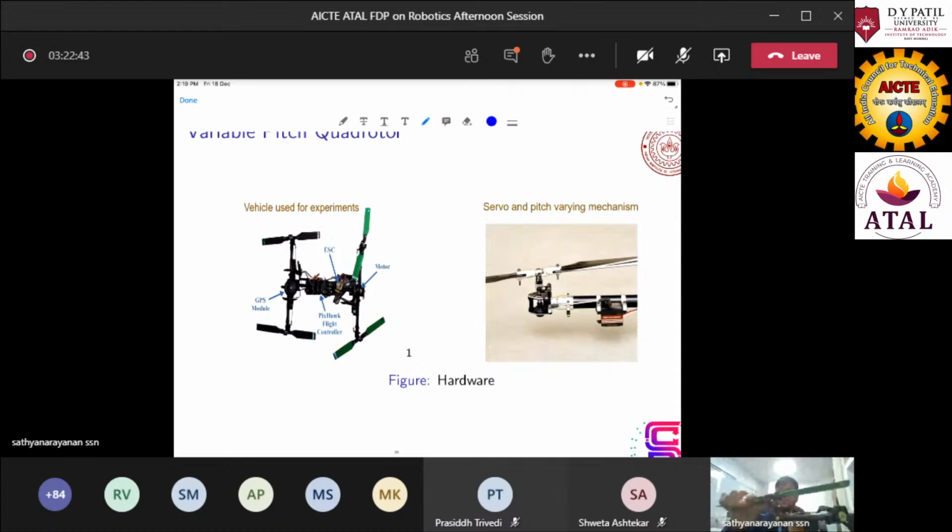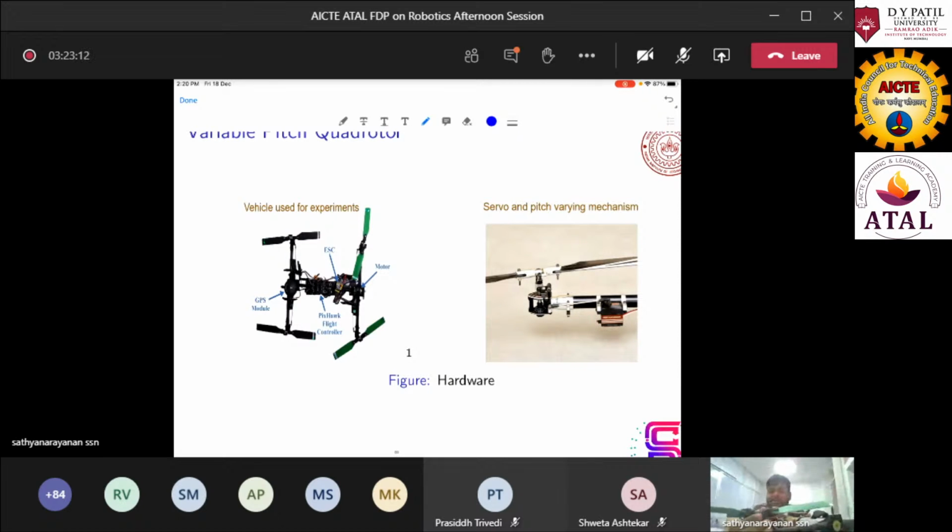Another main advantage is that in the conventional quad rotor, you can't generate a reverse thrust, but in variable pitch, you can generate a reverse thrust by pitching in the opposite direction. I was pitched like this, and now I've changed the pitch angle in the opposite direction.